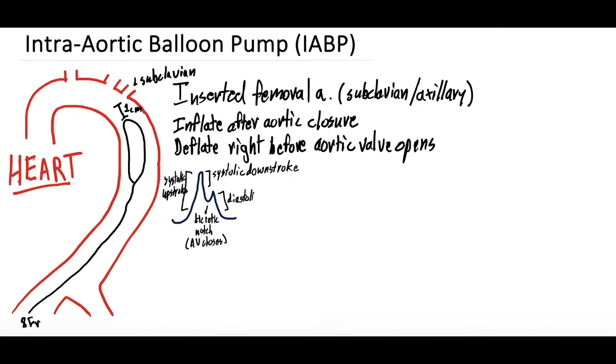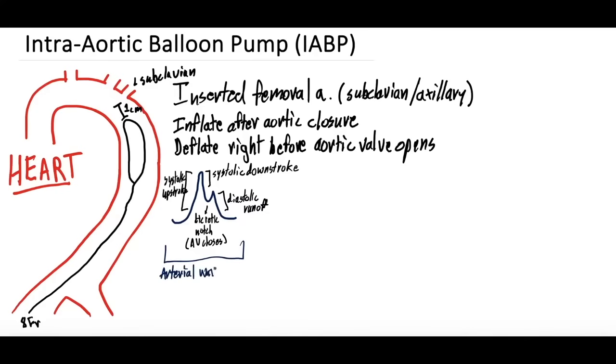After the aortic valve closes, you get a little bump in pressure because the closure increases the pressure past the aortic valve. Then the left ventricle starts to expand and you get diastole, with this diastolic runoff. So that's a normal arterial waveform. This is an arterial waveform.